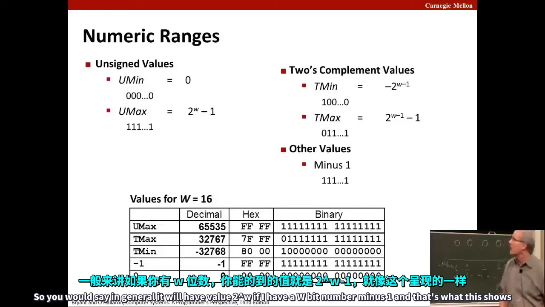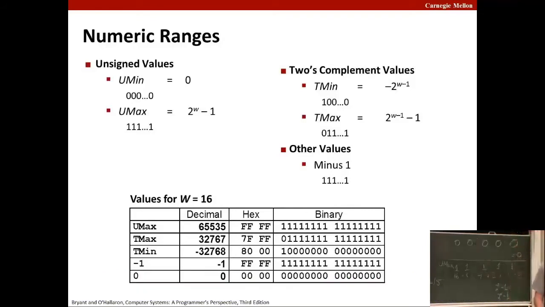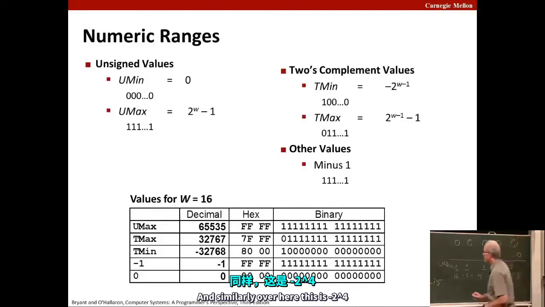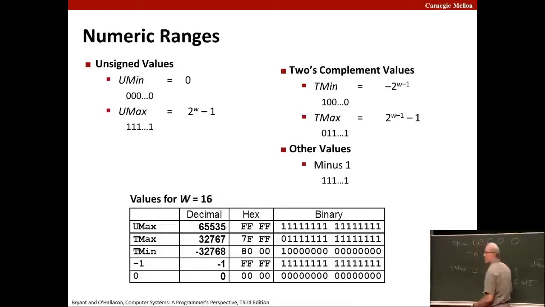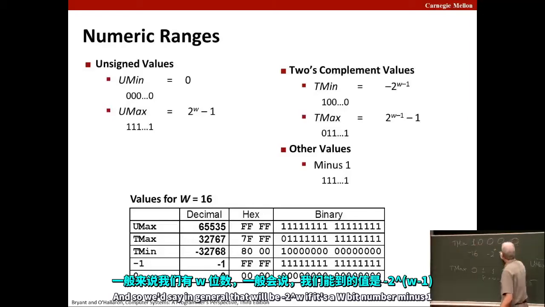And that's what this shows. And similarly over here, this is minus 2 to the 4th. And so we'd say in general that will be minus 2 to the W minus 1 if it's a W-bit number.